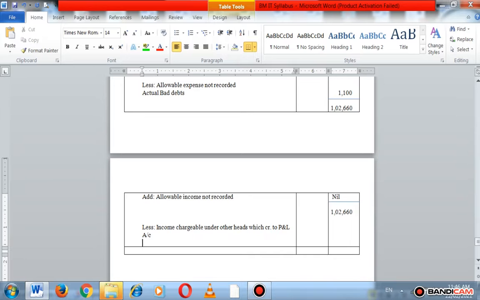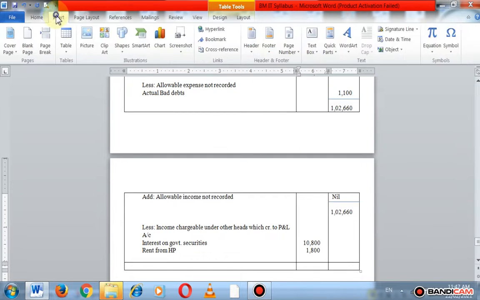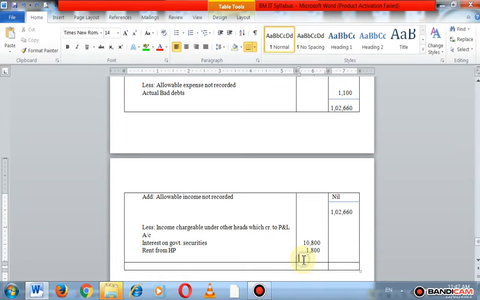So here interest on government security 10,800 and rent from house property (HP) 1,800. So the total is 12,600.